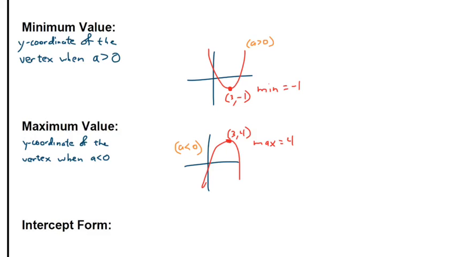Alright, last but not least. Intercept form is a quadratic written in the form f of x equals a, you still got that a value, but we're going to go x minus p and x minus q.